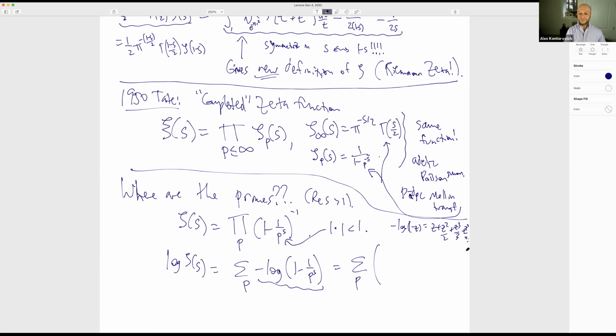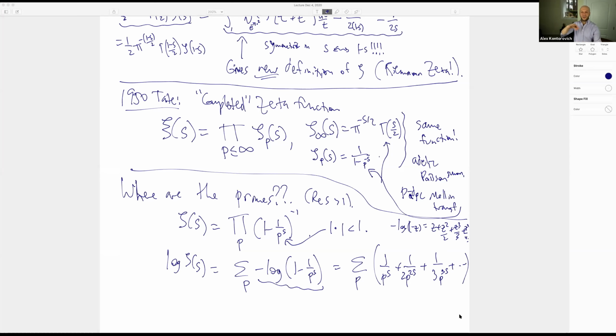I think that's right. Yeah, because if you differentiate both sides, on this side you get 1 over 1 minus z, and on this side you get the geometric series. Okay, so this is 1 over p to the s plus 1 over p to the 2s over 2 plus 1 over 3 p to the 3s and so on.